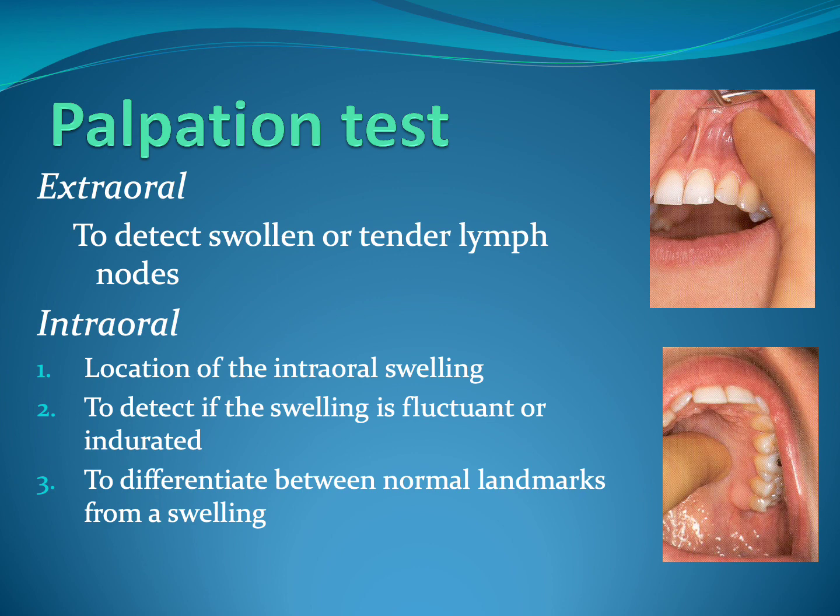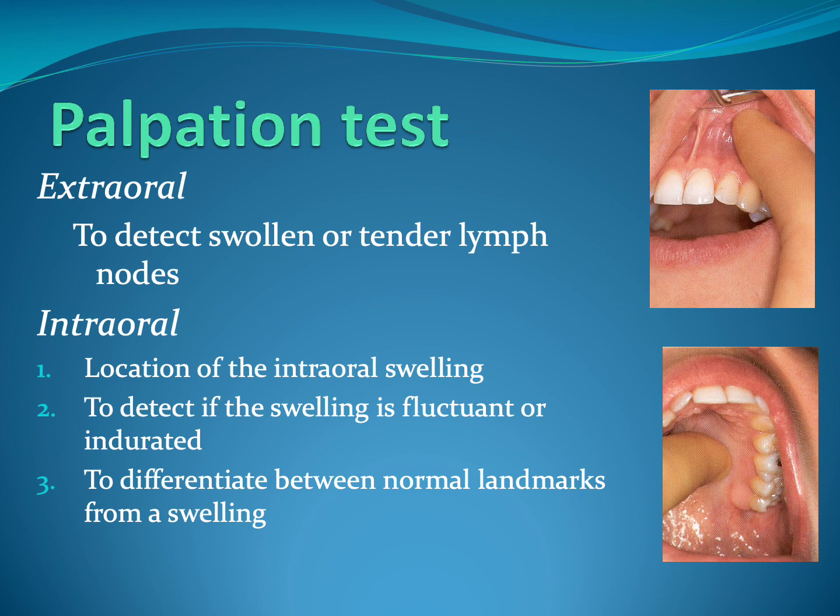Second thing, in the palpation, in case of swelling, we have to know if the swelling is indurated or fluctuant. If we have a swelling, we have to palpate it. Why? We have to differentiate between the indurated swelling and the fluctuant swelling.